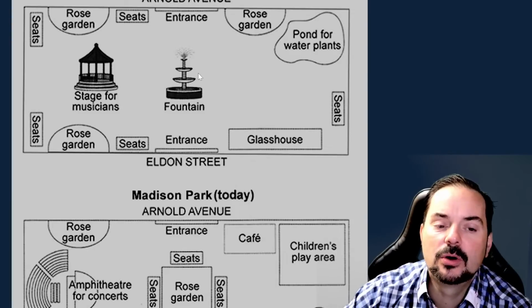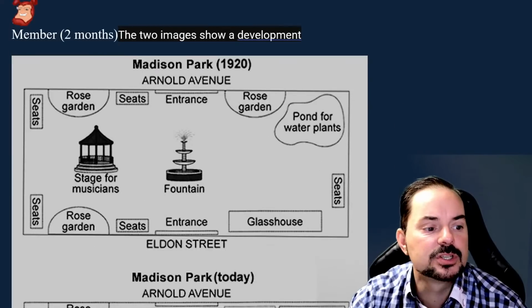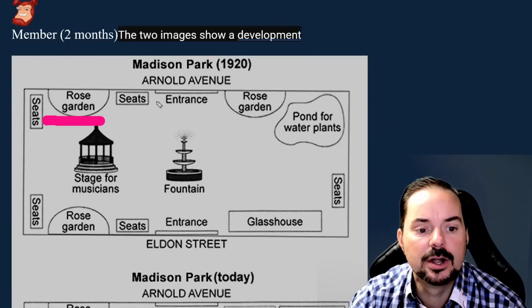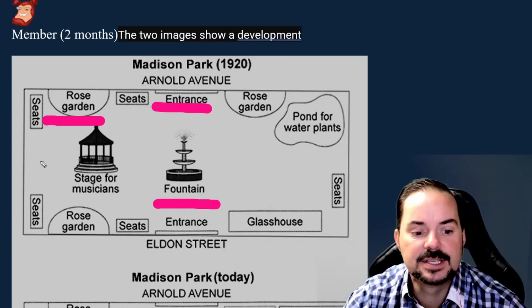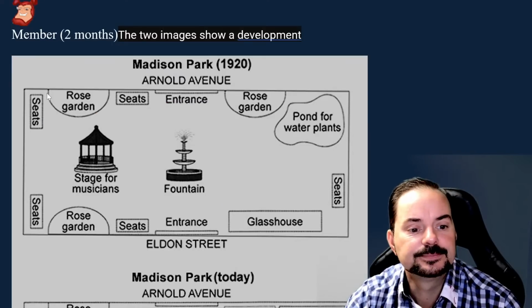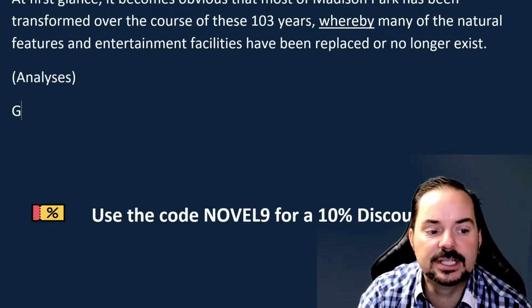All right, so I am going to start my analyses here, and I'm going to start with point number 1, which is the rose garden and the entrance to the north and the south at the center of the park from Arnold Avenue and Eldon Street. Okay, so here I'm just going to say going into more detail, because that's what I'm doing here.